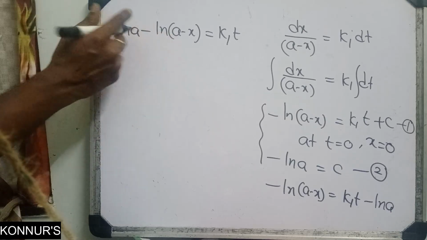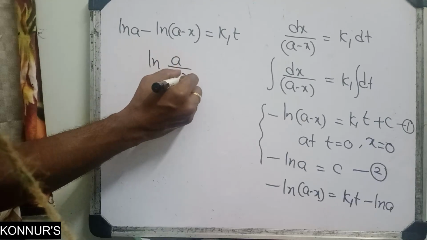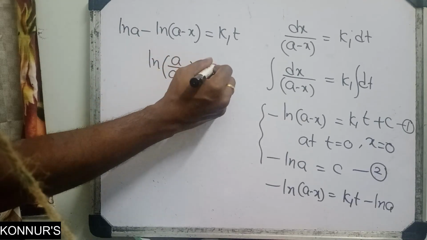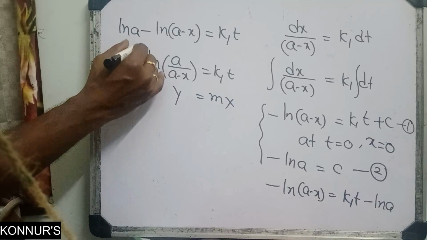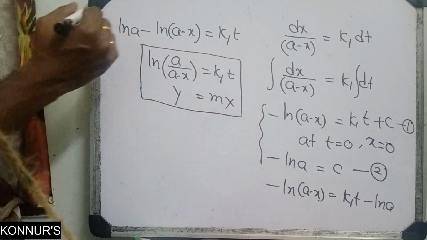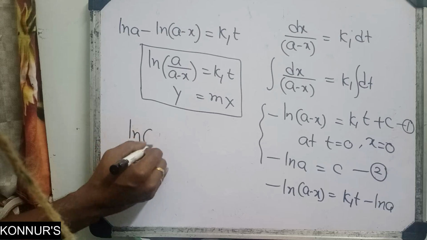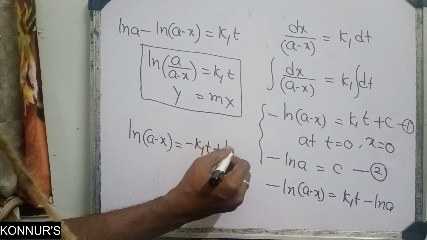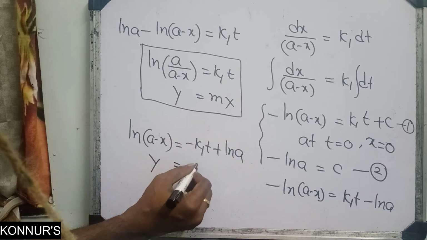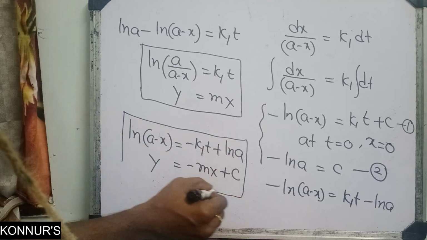This is log a minus log b, so ln of A by A minus x equal to K1t. This is a y equal to mx type formula. Otherwise, taking the minus to the other side, ln of A minus x equal to minus K1t plus ln A. This is y equal to minus mx plus c, one more form.